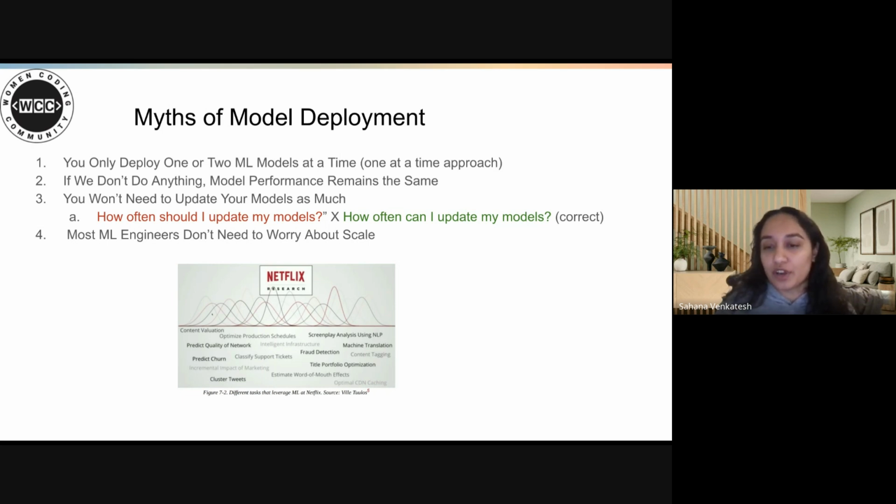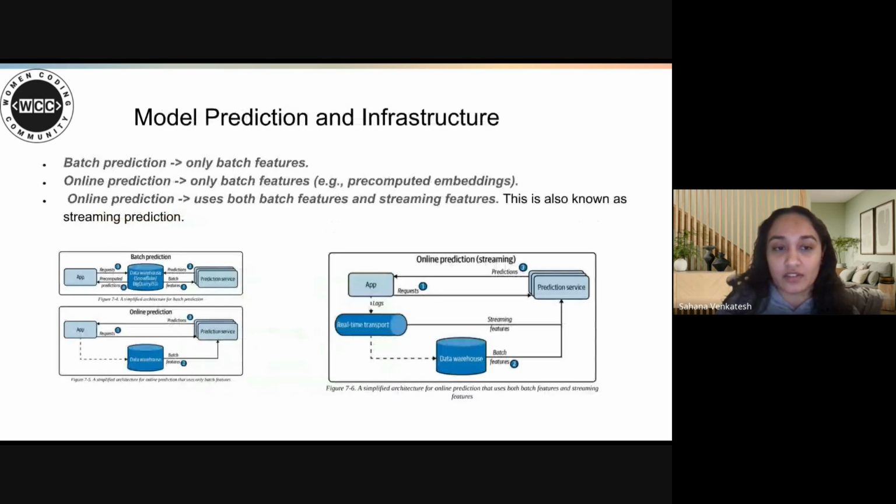While there isn't a perfect correlation, it's reasonable to say that a company of 100 employees might be serving a reasonable number of users. Therefore, they need to think about scale. And so the author ends this argument saying that, yes, as ML engineers, we should always have scale in the back of our minds.